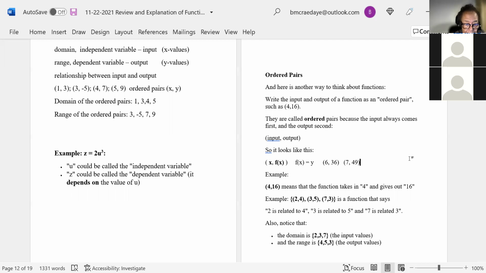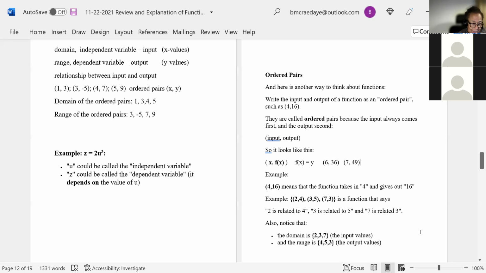All right. Now, this is something we just went over, Audrey. There are the pairs 2, 4, 3, 5, 7, 3. So 2 is related to 4, 3 is related to 5, 7 is related to 3. The domain, your x values, are 2, 3, 7. The output values, the range, are 4, 5, 3.